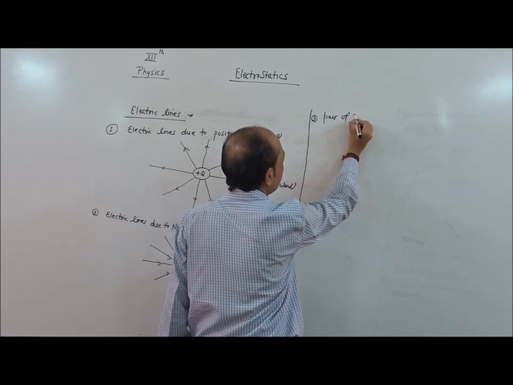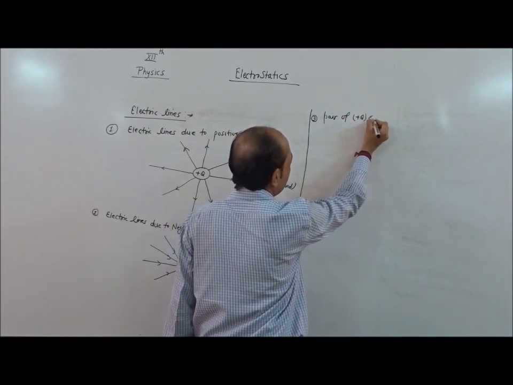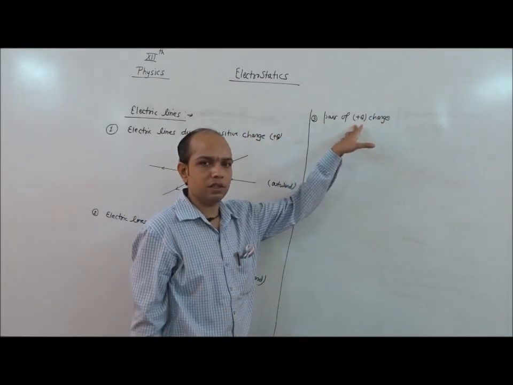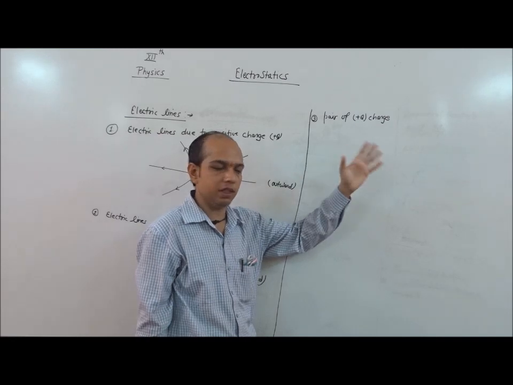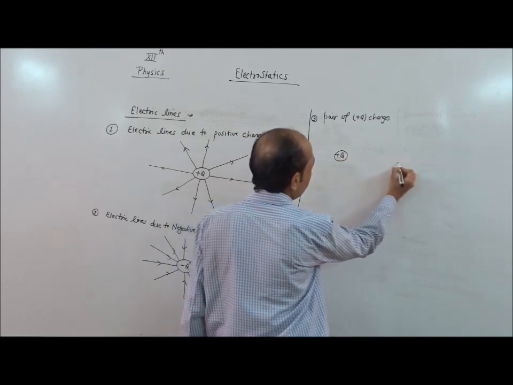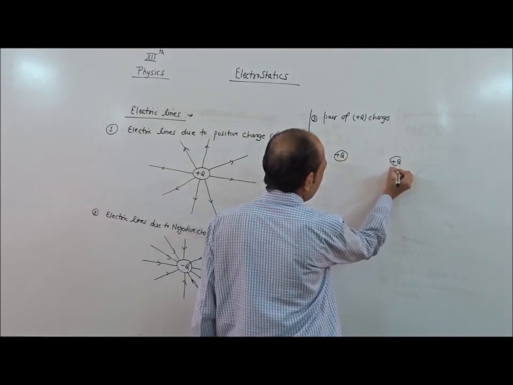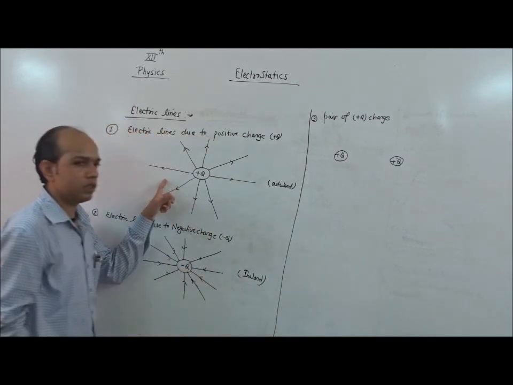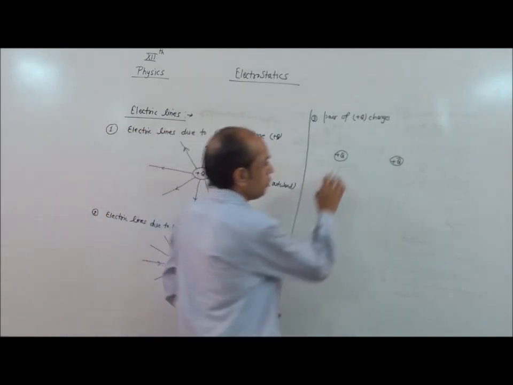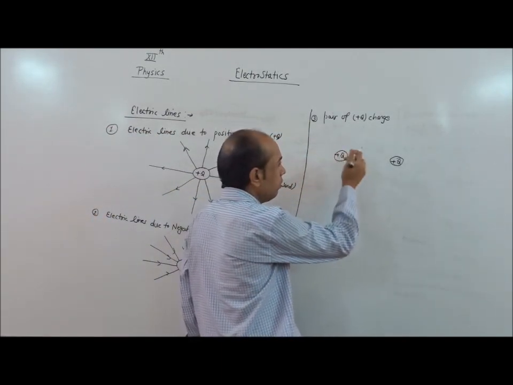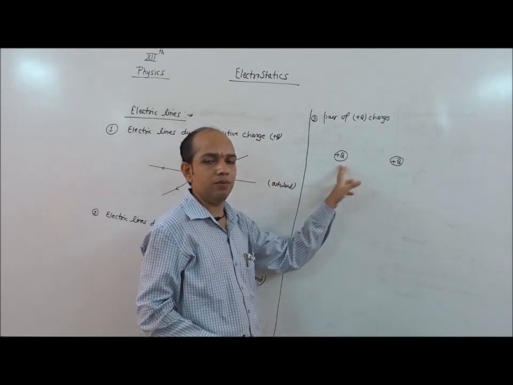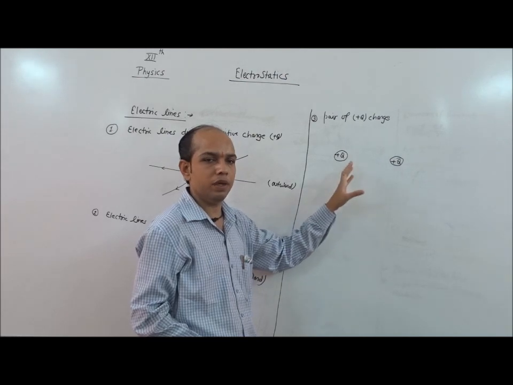Now we see number third, for same charges, that means a pair of positive Q charges. Because of two same charges, the force must be repulsive. So first we draw two positive charges, plus Q and one more plus Q. And as you know from before, for plus Q charge, lines are outward. That means for this plus Q charge lines are outward, and for the other plus Q charge lines are outward. But because of two same charges, their nature is repulsive.